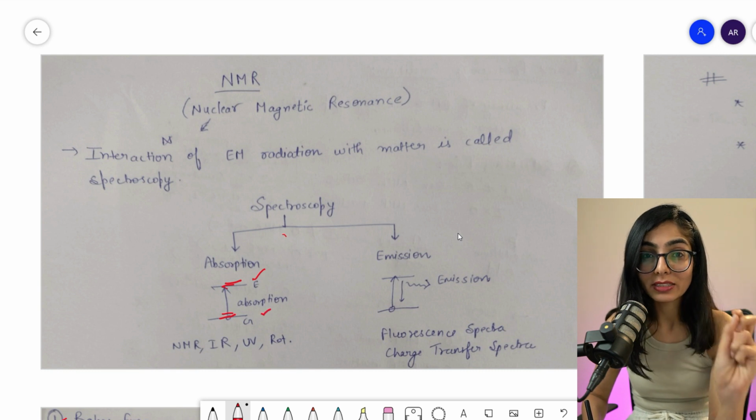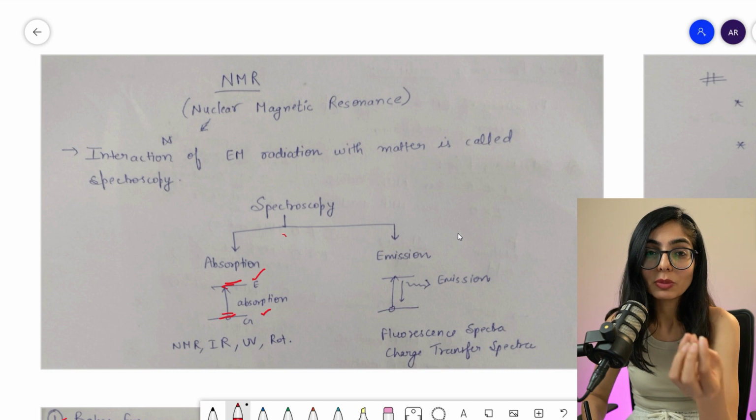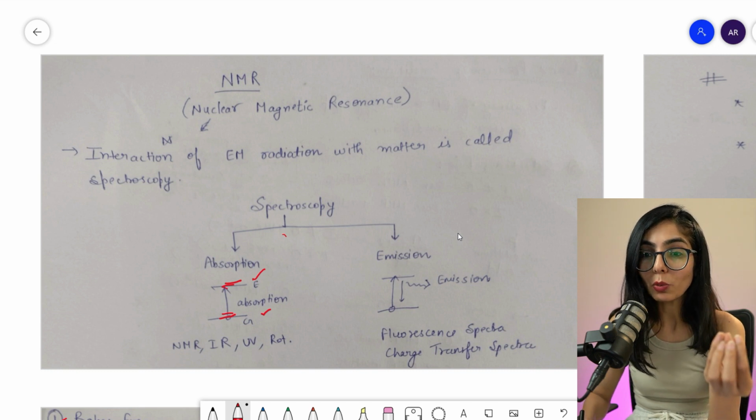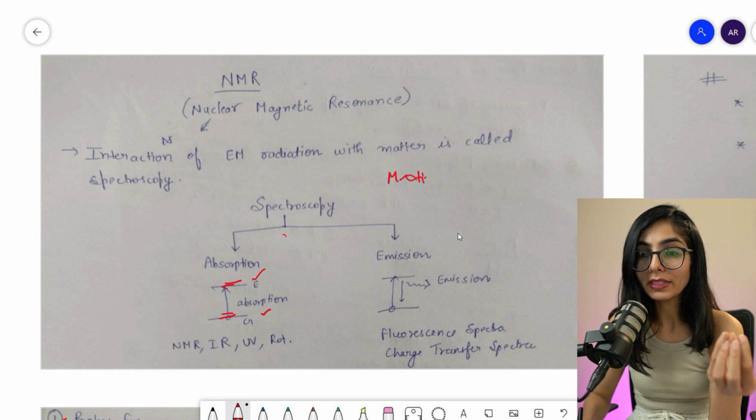Well, my answer would be that whenever there is motion in any matter, due to motion, energy levels are created.